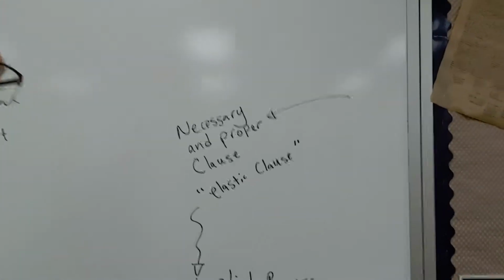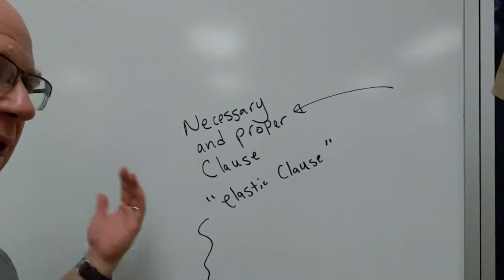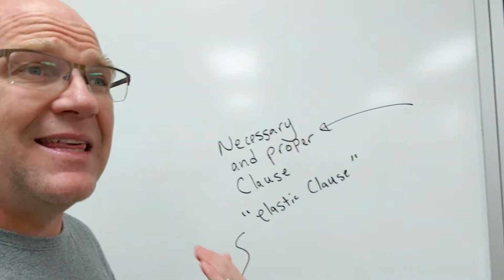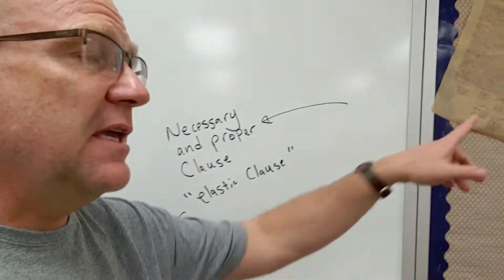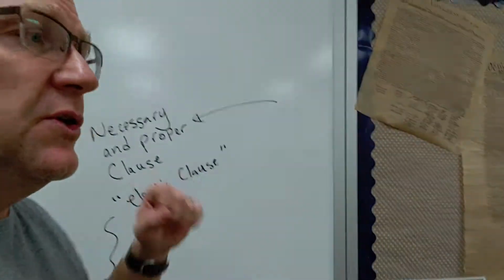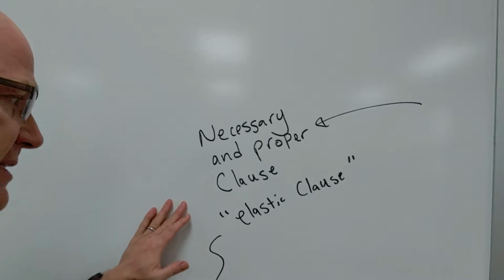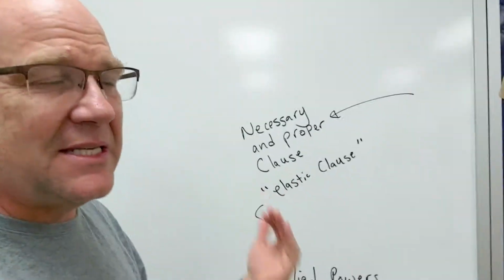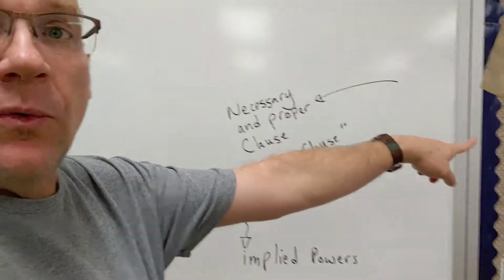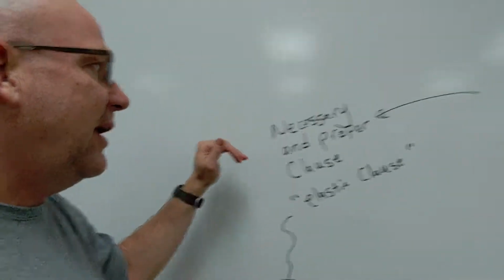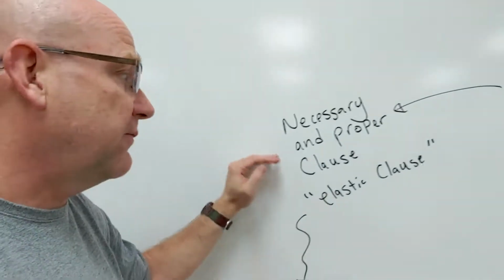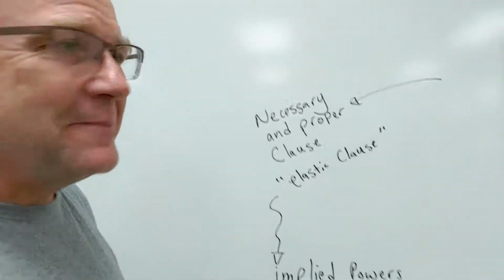What the court does decide in this case is groundbreaking in a couple ways. One is it agrees that there can be a national bank, even though it's not mentioned in the Constitution. And what they establish is that the 18th of those 18 powers listed in Article 1, Section 8 says that Congress may make all laws that are necessary and proper for the execution of law in the United States.